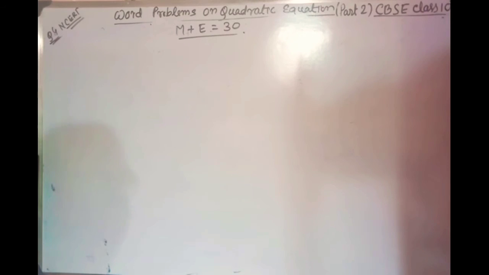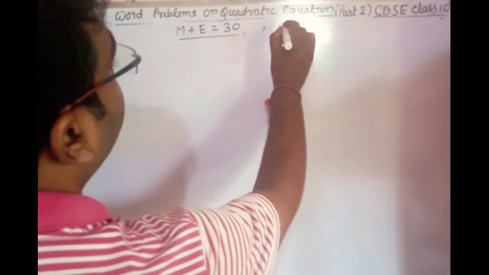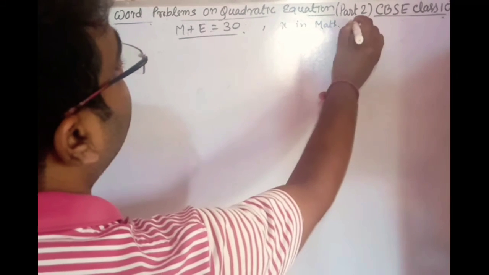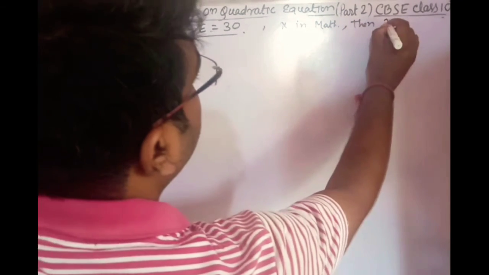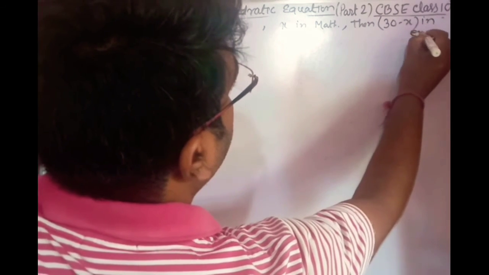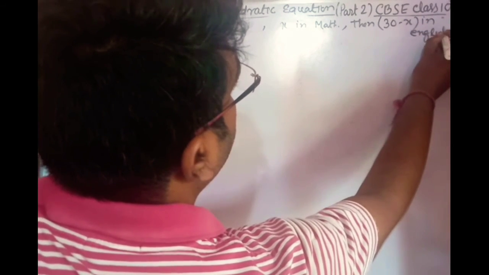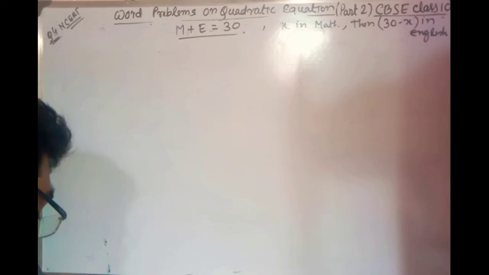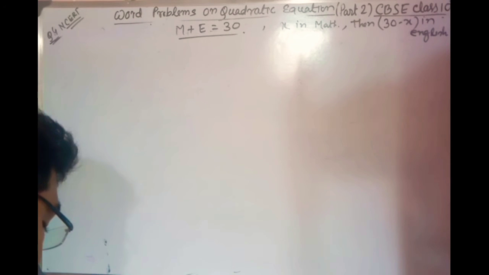So if he has got x in math, then 30 minus x in English. Now what is told here is that had she got 2 marks more in mathematics and 3 marks less in English, the product of their marks would be 210.